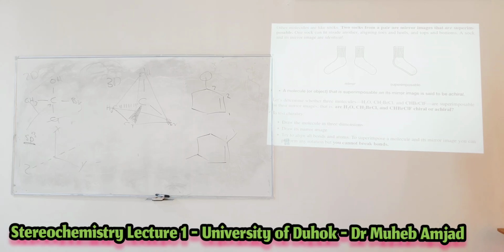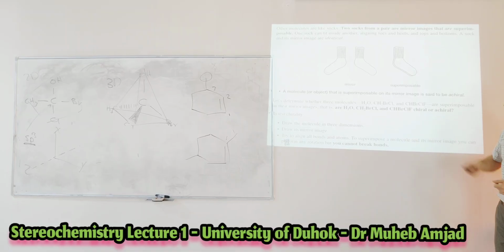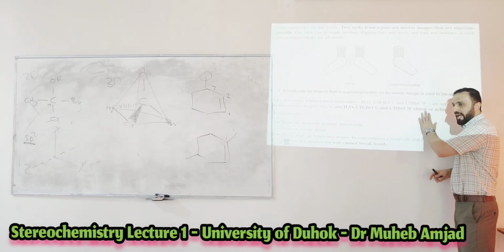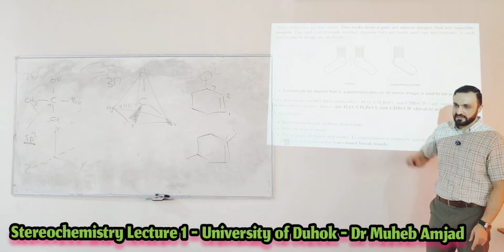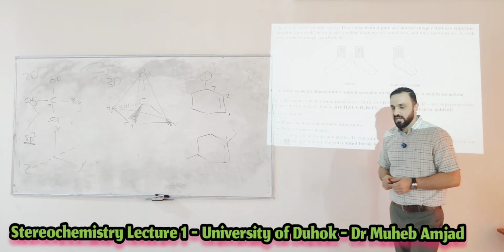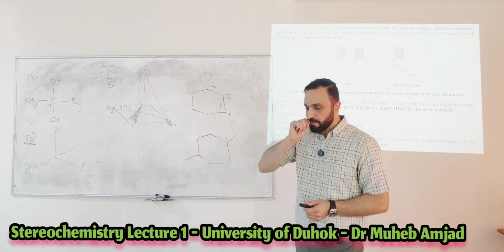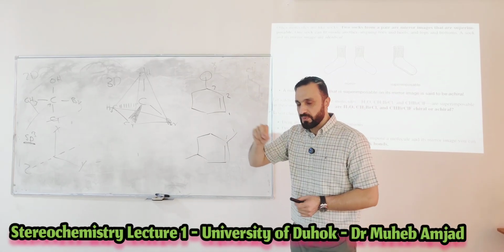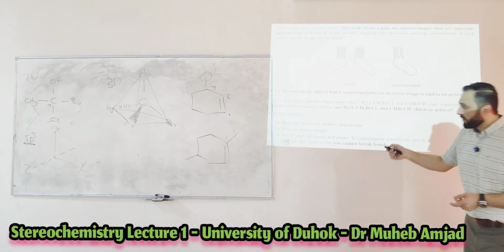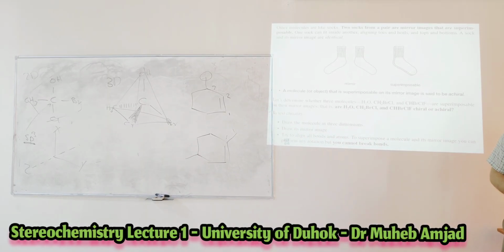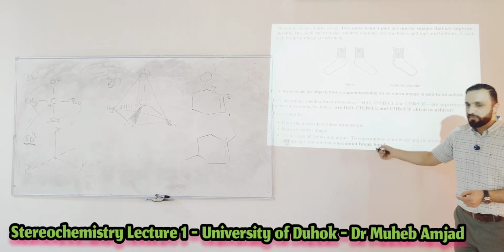Step number one: if you want to test whether they are chiral or achiral, draw the molecules in three dimensions. I told you before that you have to practice using your hand for nice drawing of the three-dimensional figure. This is important. Draw the molecules in the three-dimensional figure. Draw its mirror image.